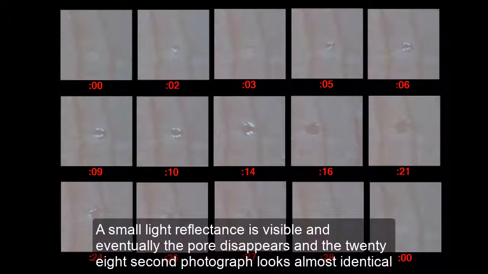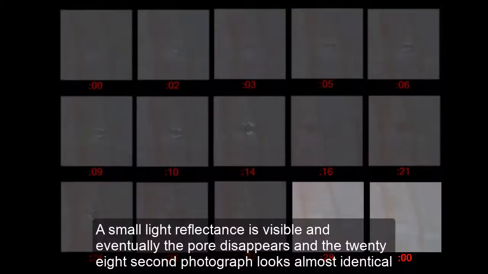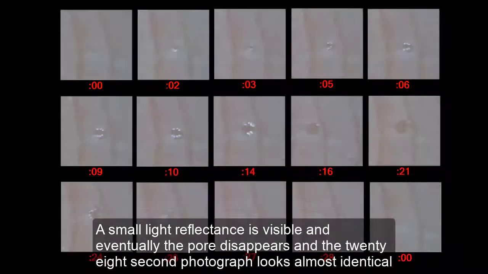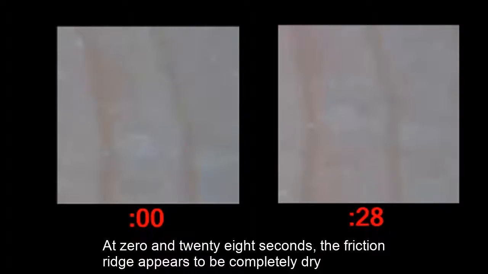A small light reflectance is visible, and eventually the pore disappears, and the 28-second photograph looks almost identical to the 0-second first frame. At 0 and 28 seconds, the friction ridge appears to be completely dry, and the pore in the cropped area is not responding.